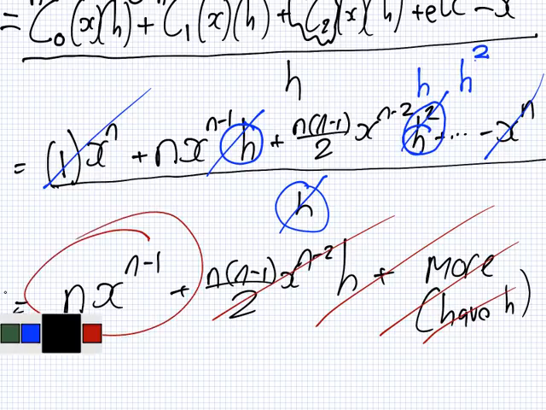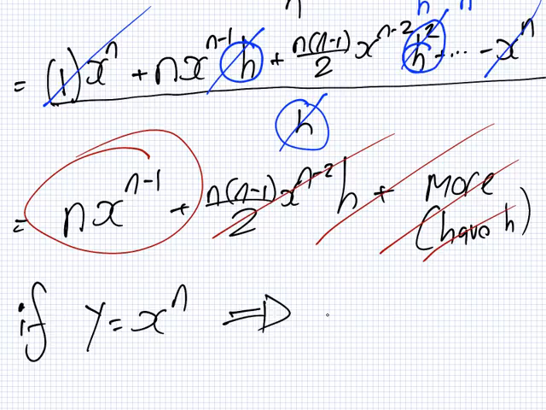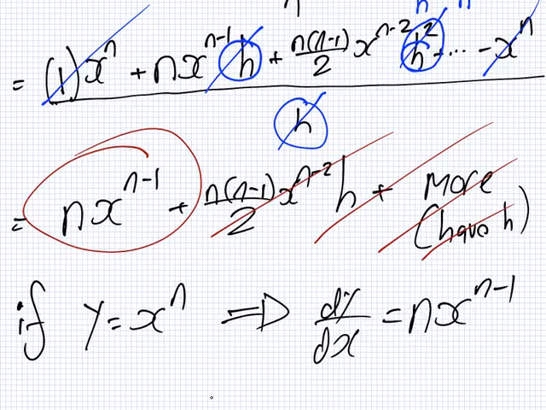So if y equals x^n, then the derivative will equal n x^(n-1). So this is actually our first rule.